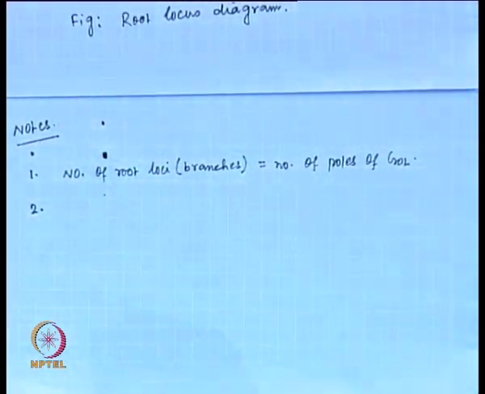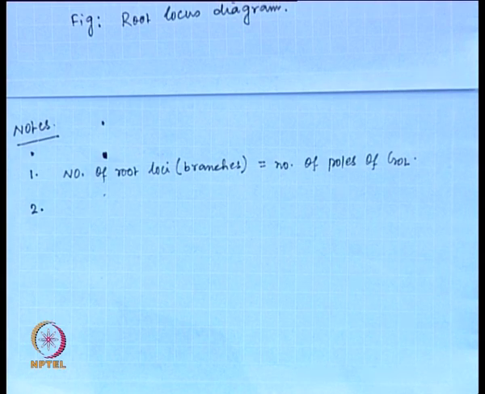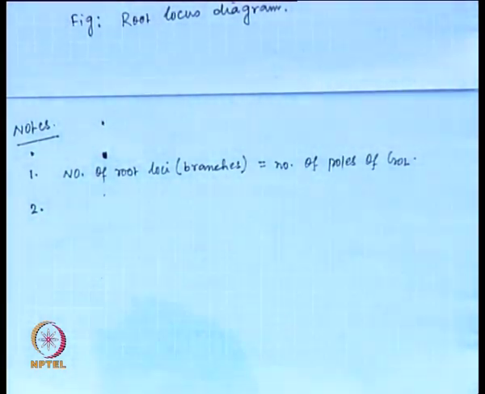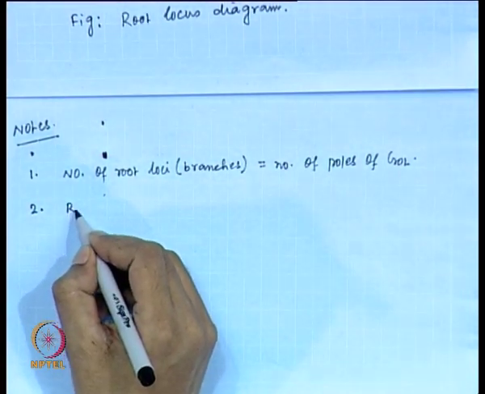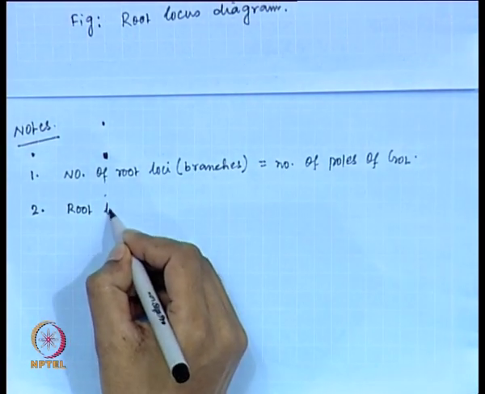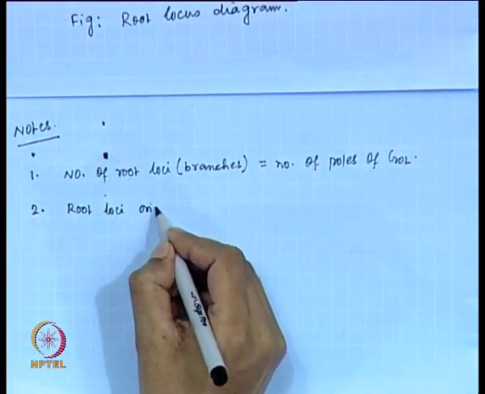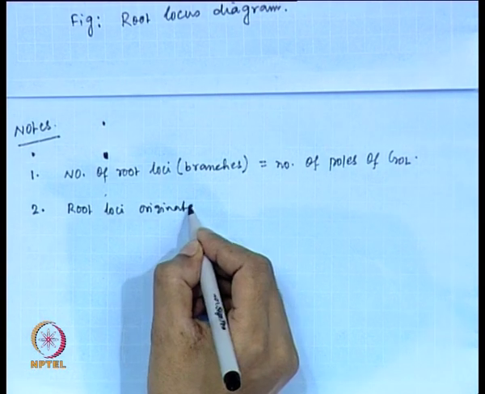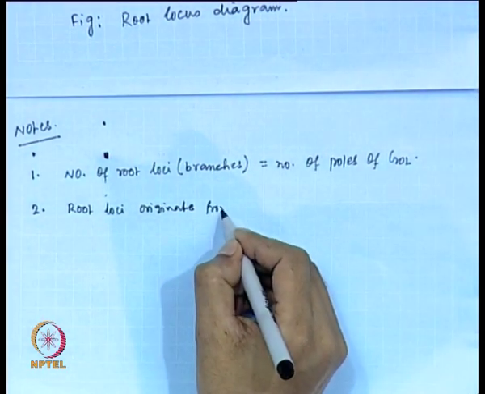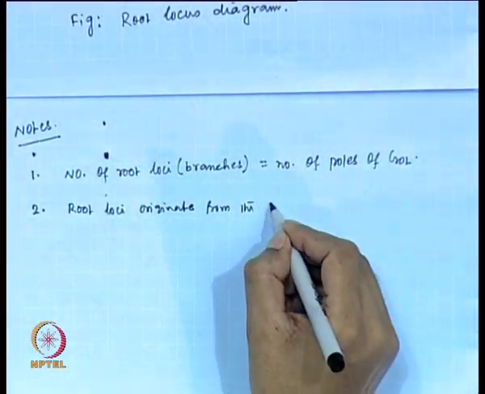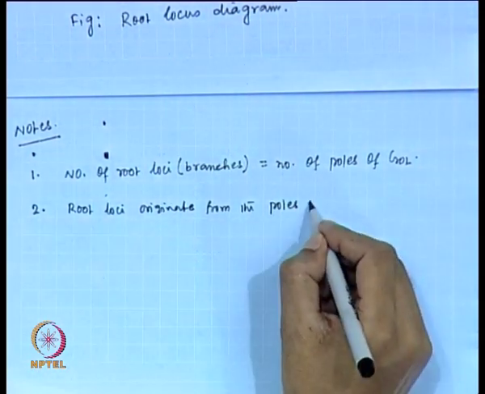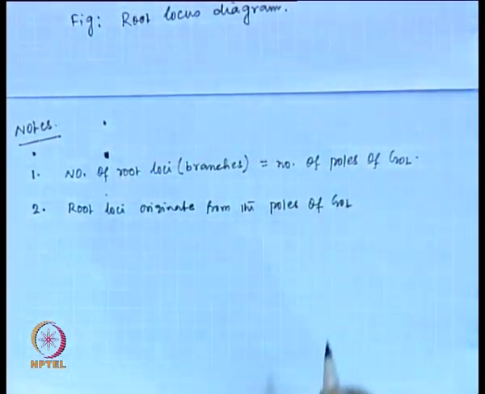Second point is, the root loci originate from which point? The root loci originate from the poles of GOL.